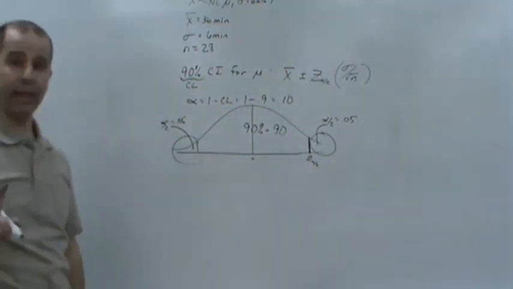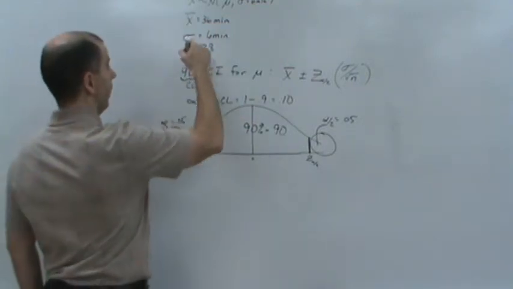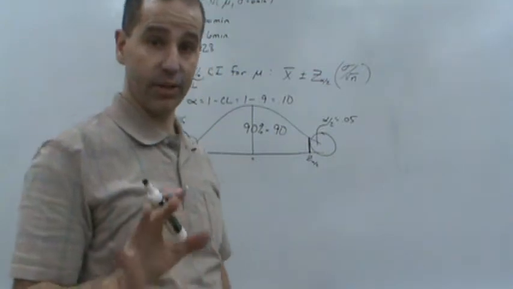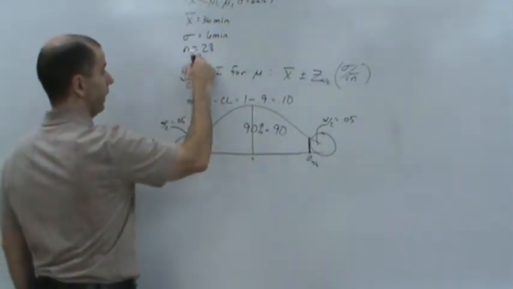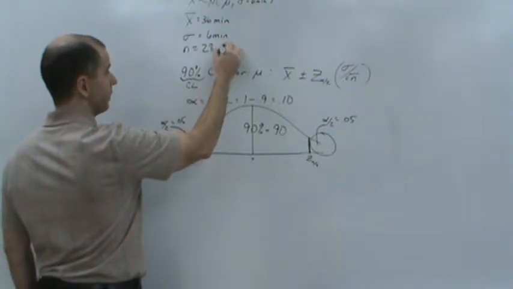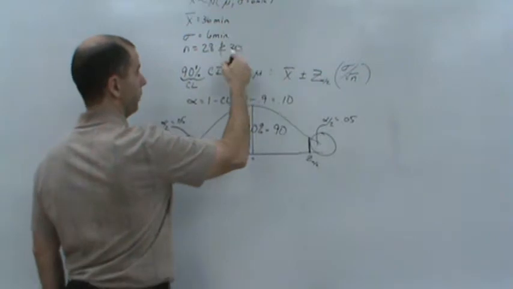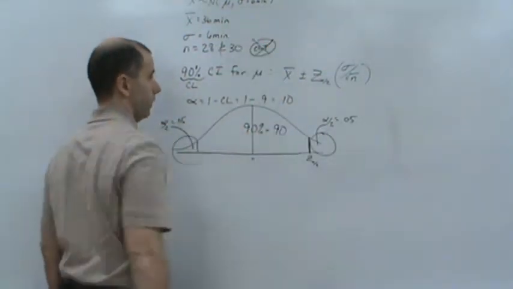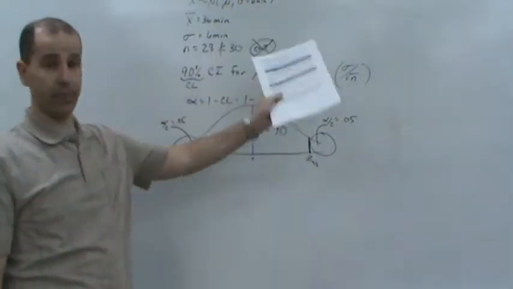But realize that the central limit theorem also gives it to us because n, oh no, I'm sorry, it doesn't give it to us. In this case here, the central limit theorem does not help us because n is not greater than 30. So that means the central limit theorem is not available to us.